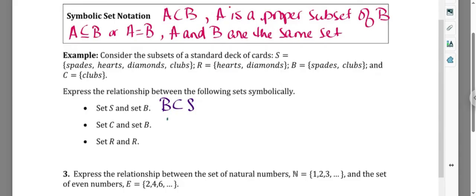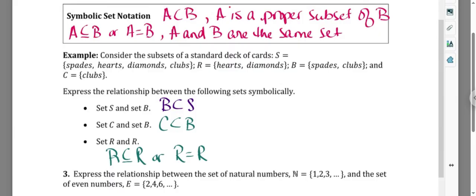So C is a proper subset of B. Set R and set R are the exact same set, so they are equal because they're the exact same set.